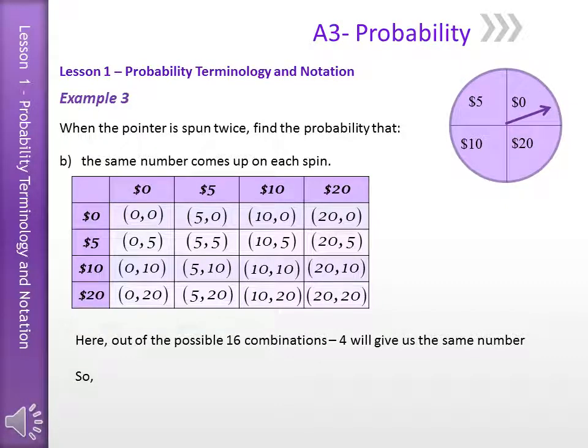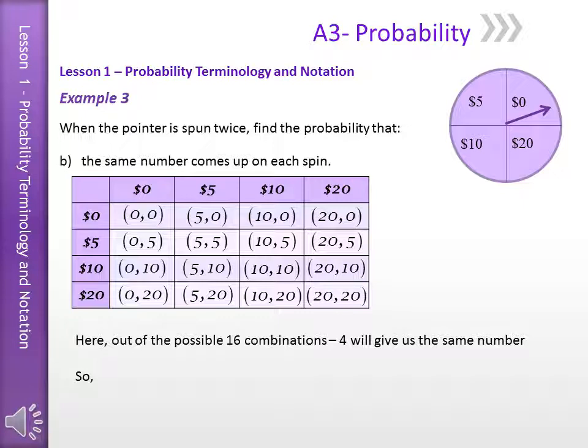For part B, I just want to show how we can set up the table just slightly different. Instead of doing the sum of the two spins, I'm going to leave them separate. So now my table is going to be filled in with ordered pairs, with the spin from the top row first, followed by the spin from the row on the left.